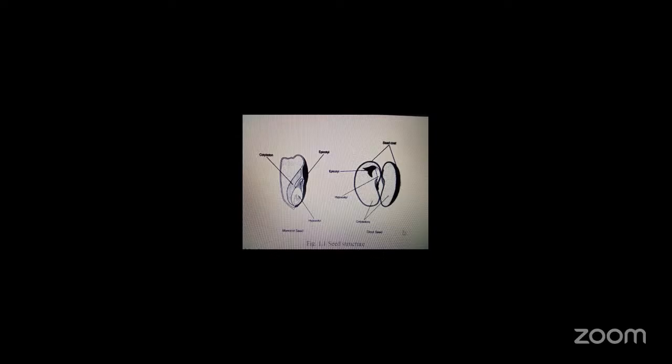So the seed coat protects the embryo from desiccation and mechanical effects of environmental conditions.